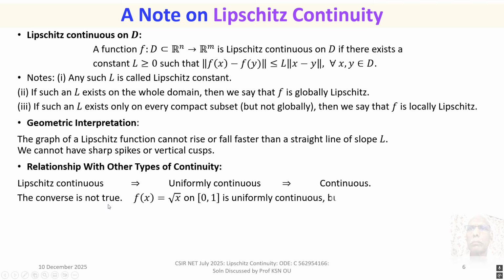Here is a counterexample: f(x) = √x on the closed and bounded interval 0 to 1 is uniformly continuous but not Lipschitz continuous. So here f is a map from D, a subset of R, to R.